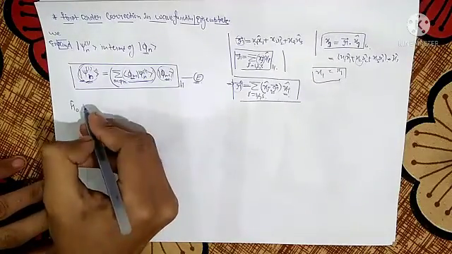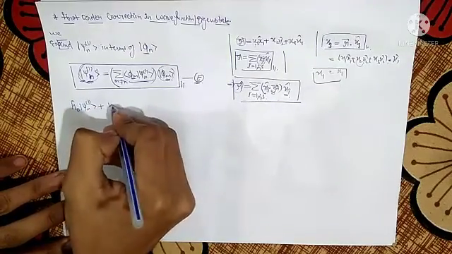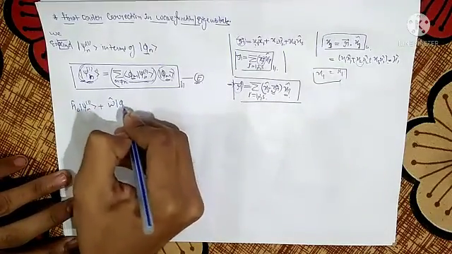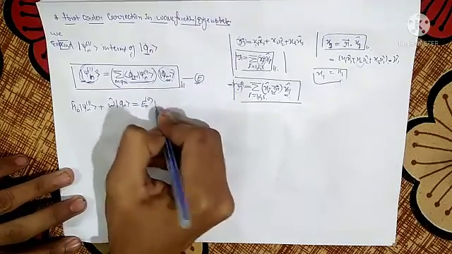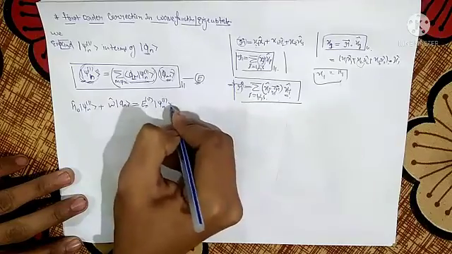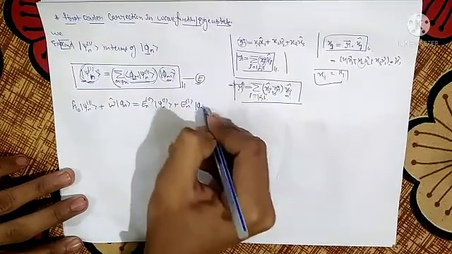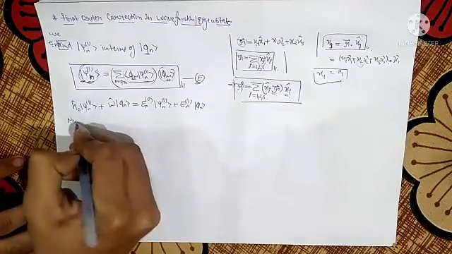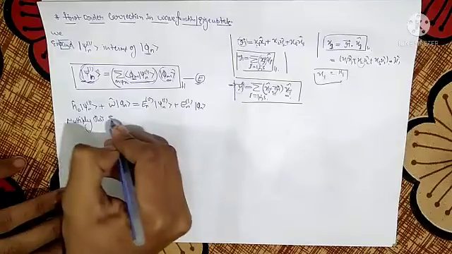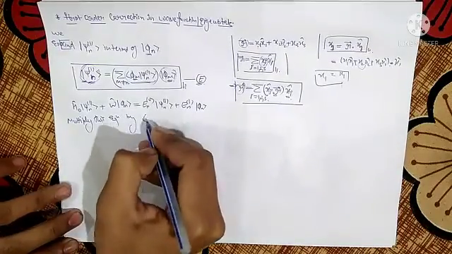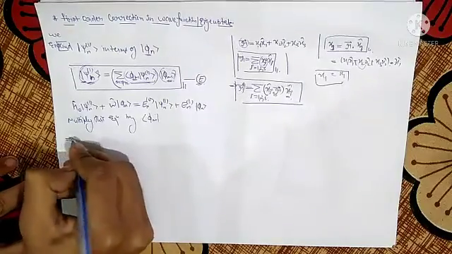It is H naught acting on psi n1 plus W acting on phi n equals E n naught into psi n1 plus E n1 into phi n. So now just multiply this equation by this particular vector, right? So what will happen?